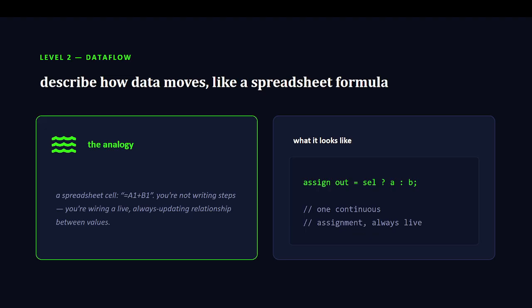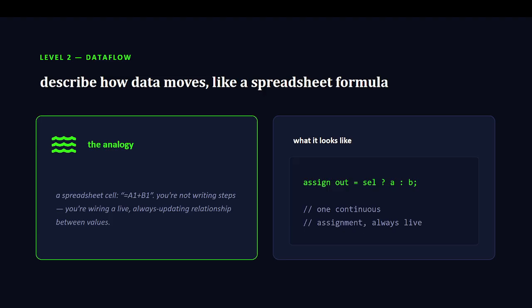One level down, data flow modeling. And this is where I want you to think about Ohm's law for a second. V equals IR. That's not a set of instructions you execute step by step. It's not like first calculate I, then multiply by R, then wait, then output V. No, it's a continuous, always true relationship.